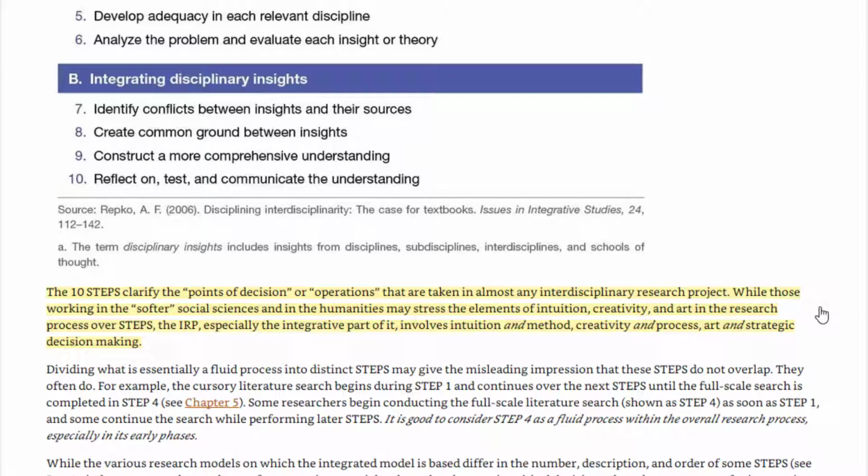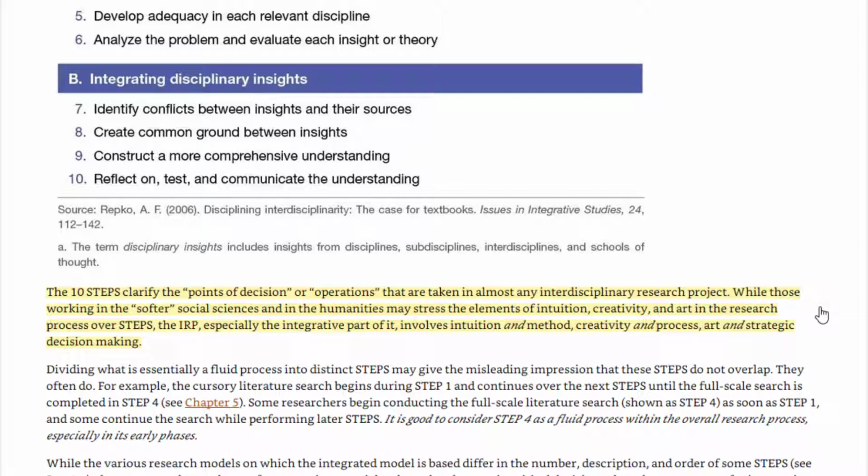So it finishes up by saying it involves intuition and method. So one of those is a softer human side, and the method is a stronger or more stringent science side. So intuition and method, creativity and process, art and strategic decision making.